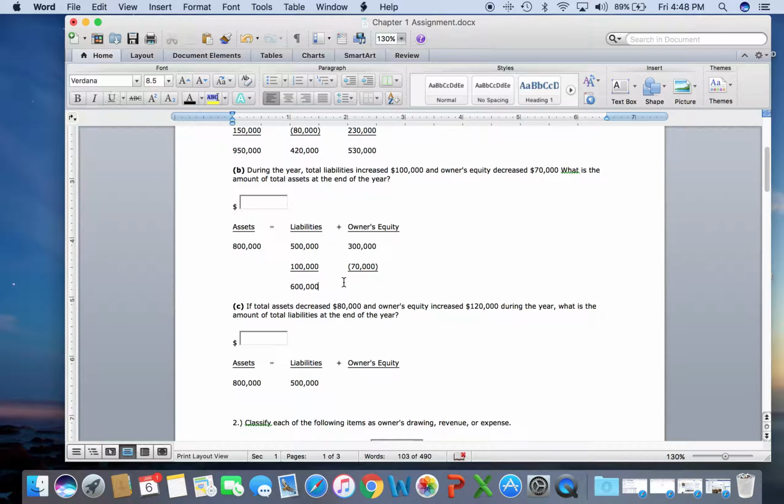So we know owner's equity is 230,000. Again, to add them up, assets equal liabilities plus equity. So if we add liabilities plus equity, that'll be 830,000. Total amount of assets will be $830,000.